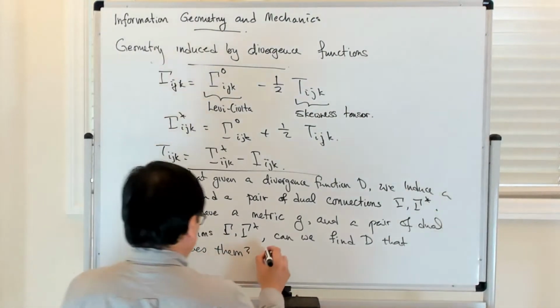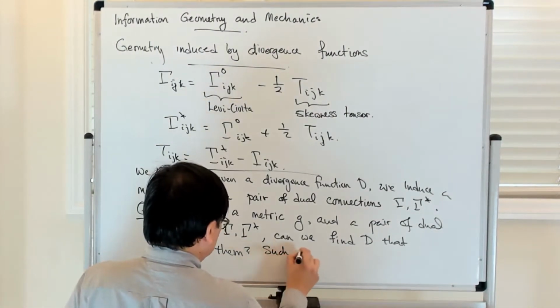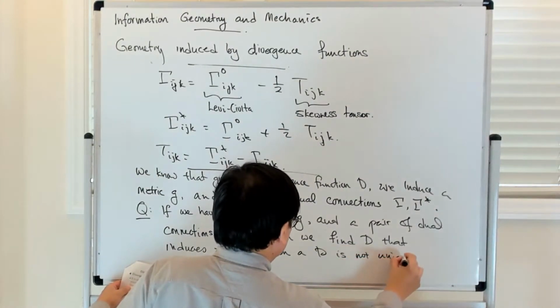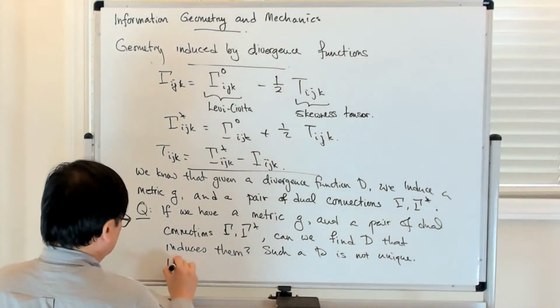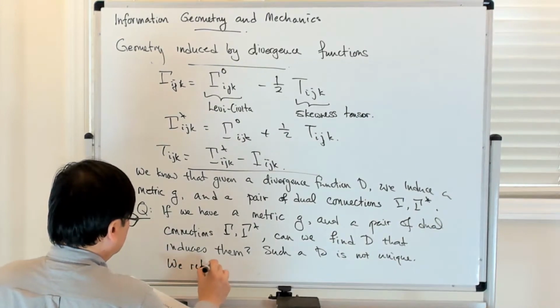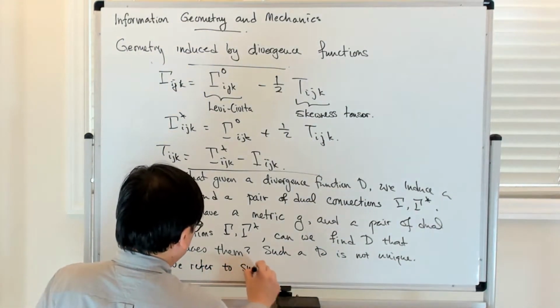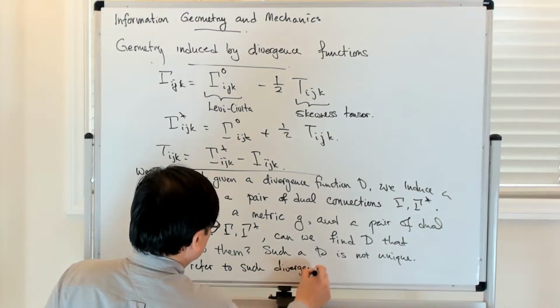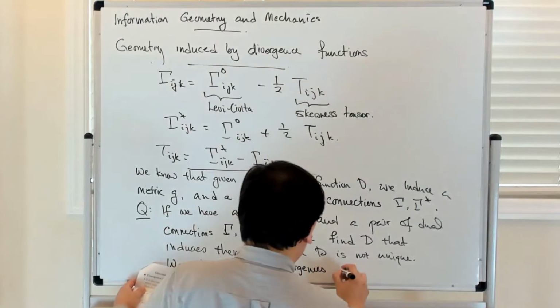Such a D is not unique. And we refer to such divergence functions as canonical divergences.